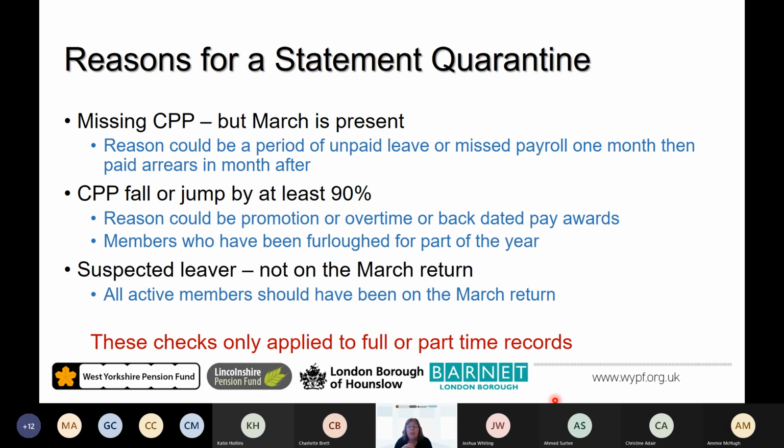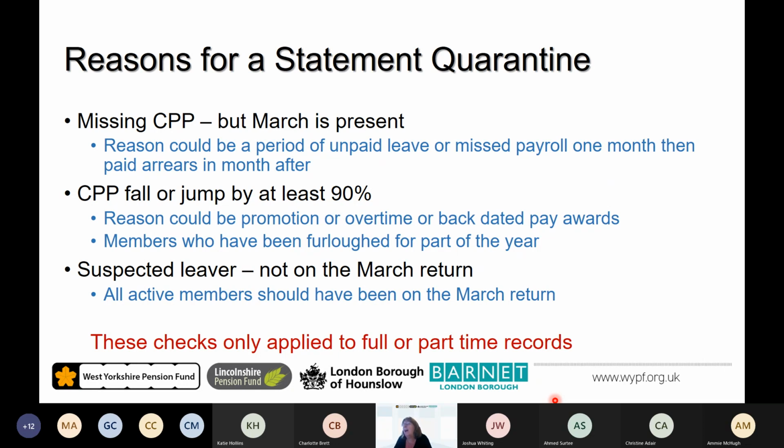So you're getting a whole year's worth of backdated pay in one go. For some people, that may have caused a jump of more than 90%. So just bear in mind when you're doing them, if you were paid late and you were paying extra overtime or anything for that period, you could get a number of those.